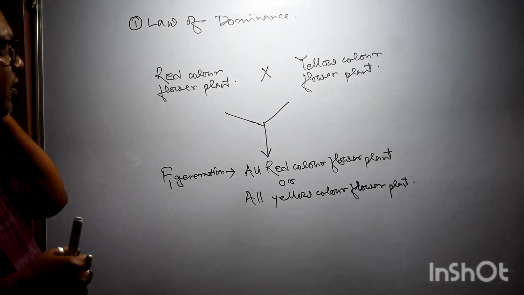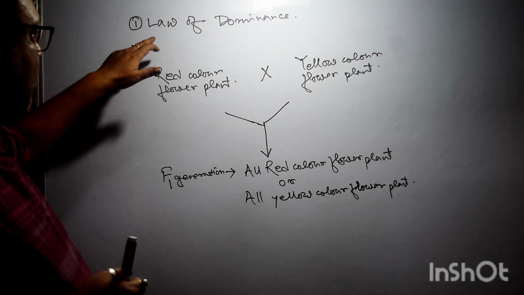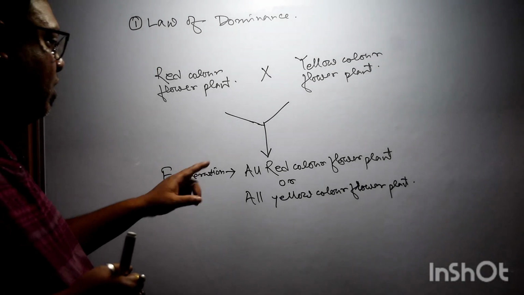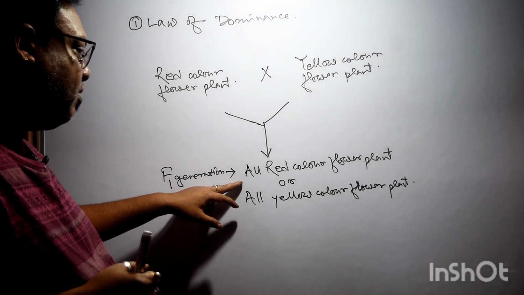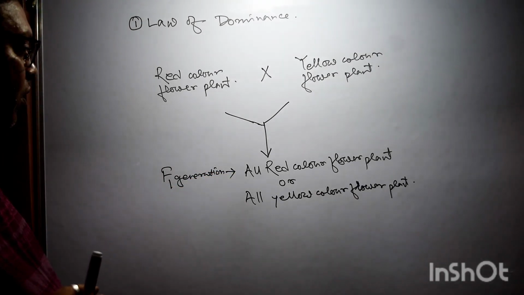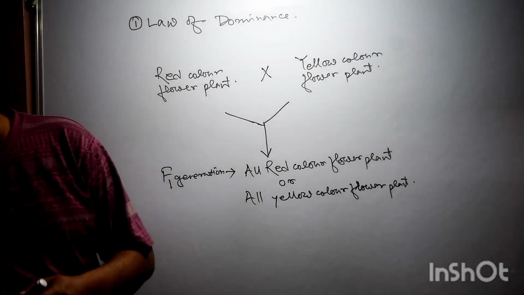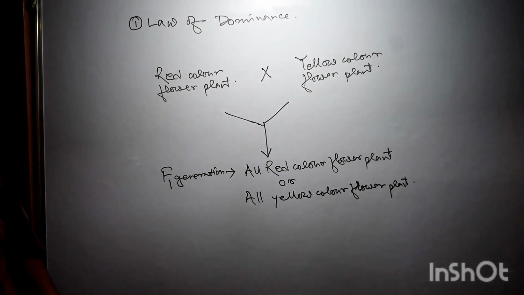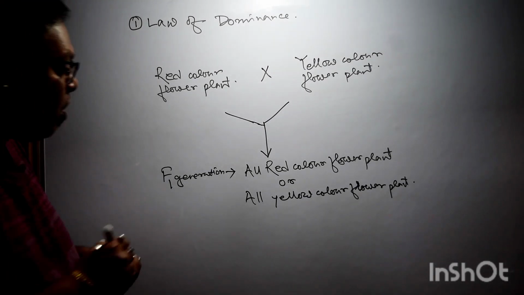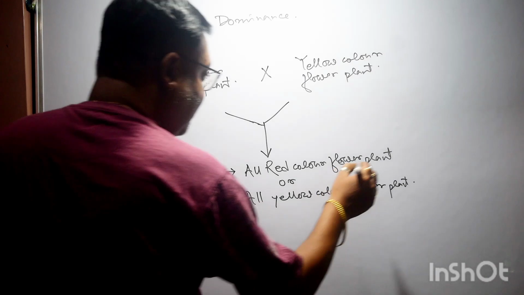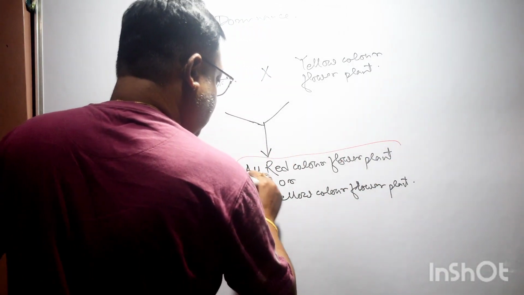As per the law of dominance, we will get either all red or all yellow flower plants.